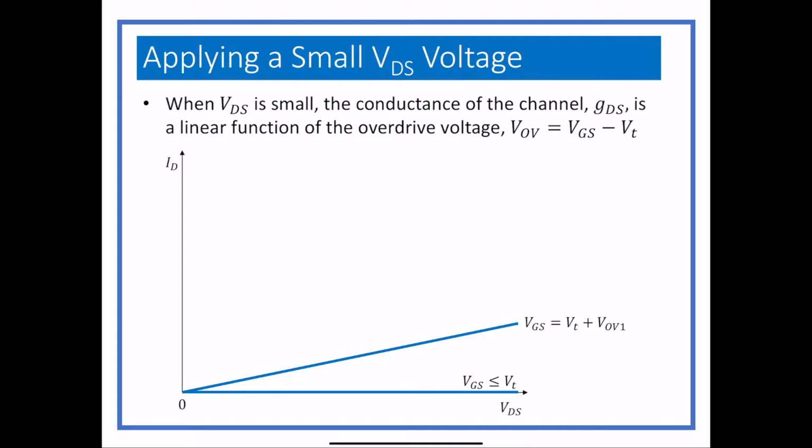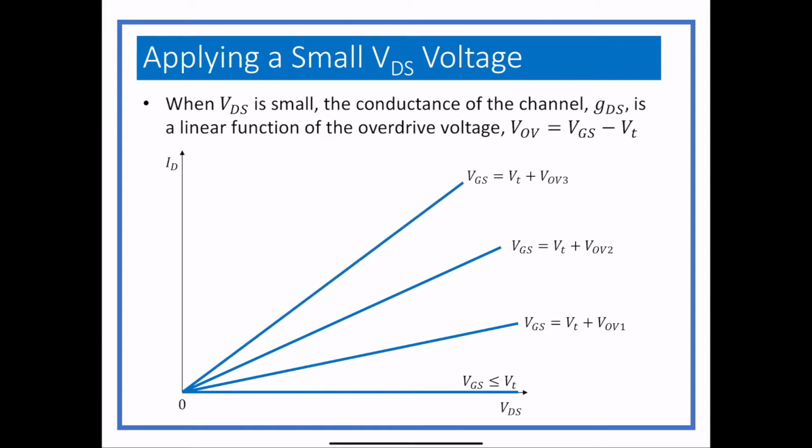And then VDS, if you turn it up and leave it small, you actually have a linear relationship between the current and the voltage. And you can keep going up and get higher and higher values of VGS, and you get different slopes. The slope of this is equal to the conductance of that drain to source channel. So you can actually figure that out.